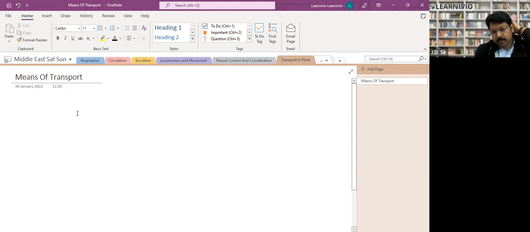So now let's start with our topic, means of transport. What are the means of transport? How does the transport take place? Let me check the NCERT as well. We follow the same sequence of the NCERT.